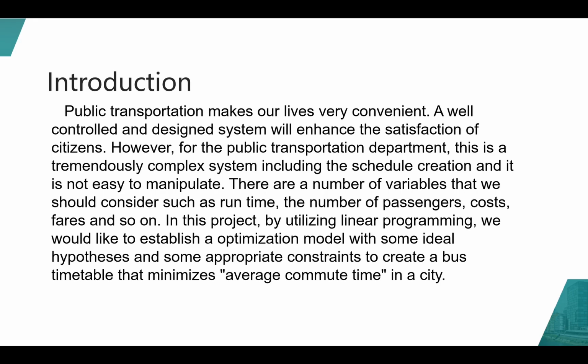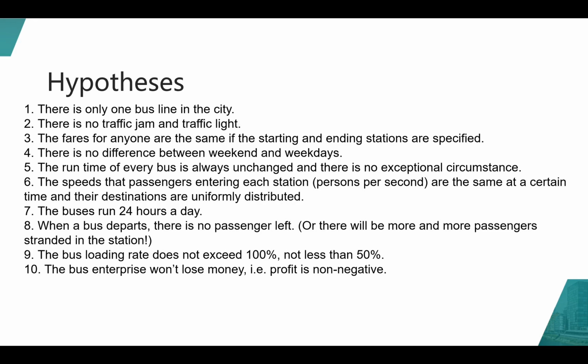However, transportation is quite a complex system and we should consider many variables like operating time, number of passengers, costs, and fares. To simplify our model, we should make some assumptions. Here, we introduce some important hypotheses.